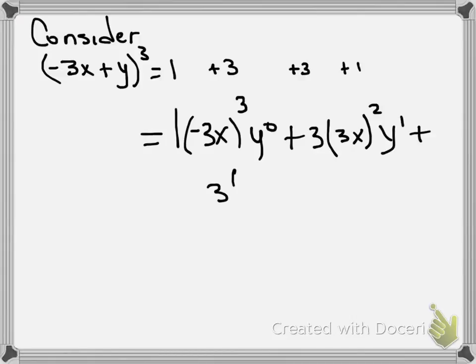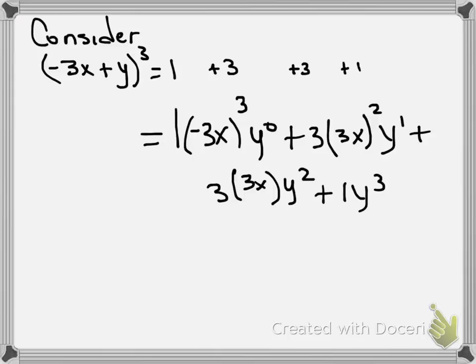Now, look at this. The first coefficient, 1. We put the term (-3x) to the third power. That means the y, which is the other term, has exponent 0. Then we go to the next term. (-3x), it should be negative 3x, excuse me here.